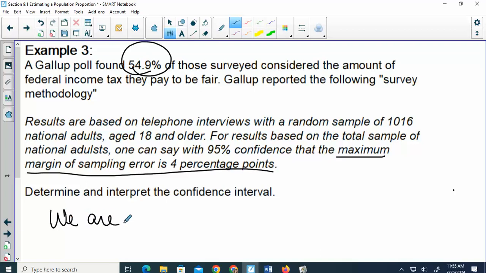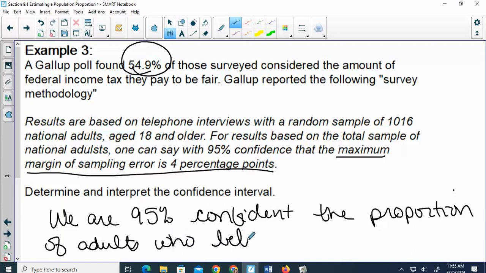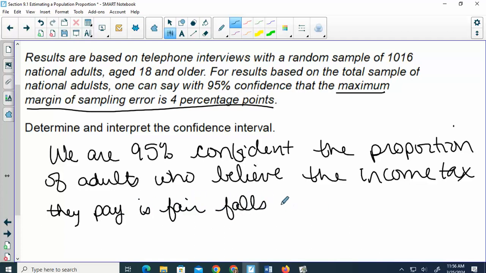So we are 95% confident the proportion of adults who believe the income tax they pay is fair falls between.